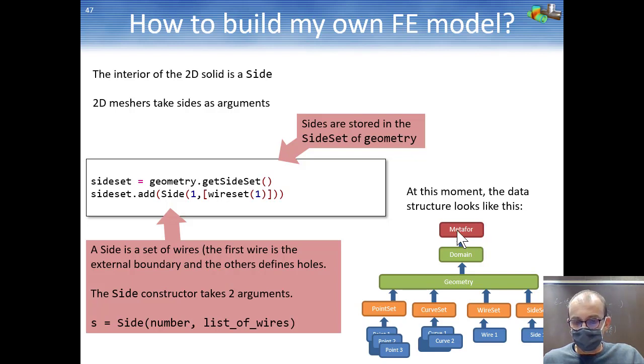So each time, let's say, Metafor, or any of these objects, you can have access to an object that is below by a get method. So if I have the domain, if I would like to have the geometry, I just type domain dot get geometry, and I get a pointer to that geometry, and I can assign a variable which is usually called geometry.